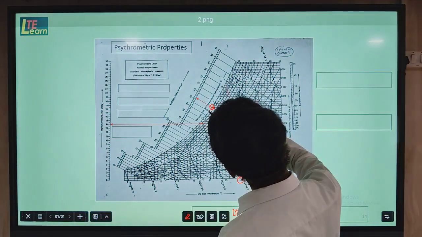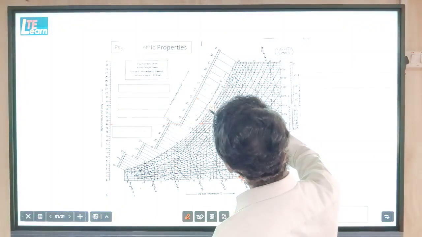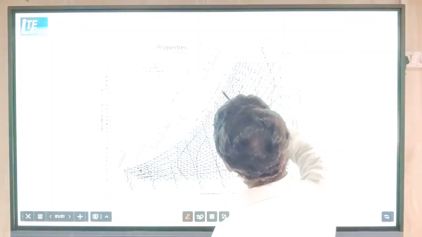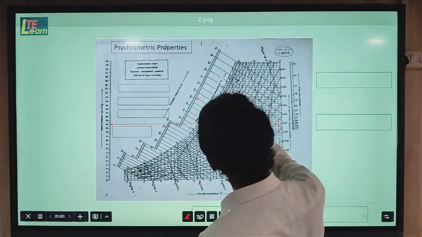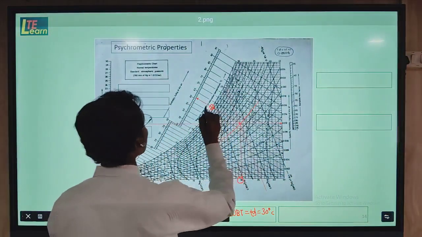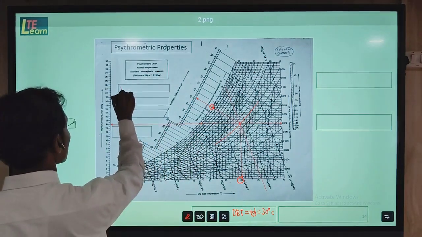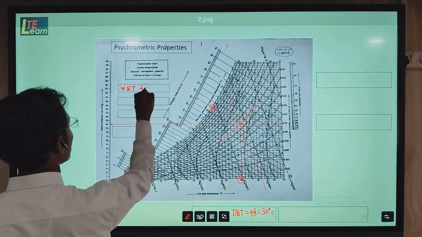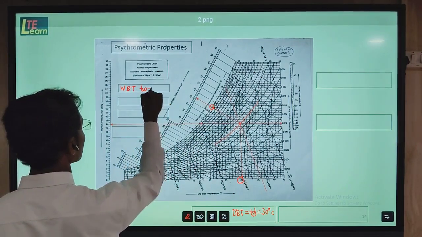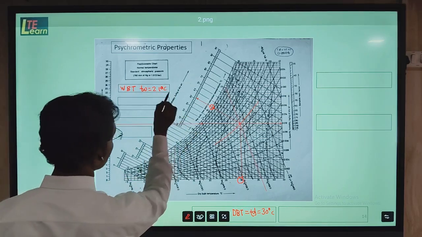If you see here 20, after that there is 20 to 25, there are 5 divisions, means the value of 1 division is 1. So this point will be 21. So this temperature is the wet bulb temperature, TW, and it is 21 degree Celsius.